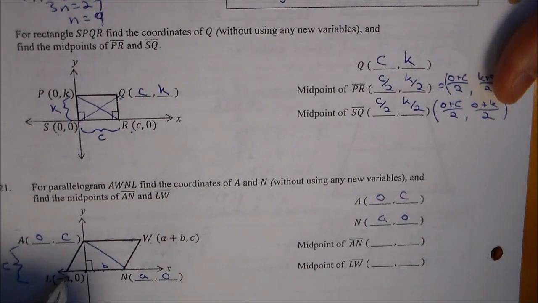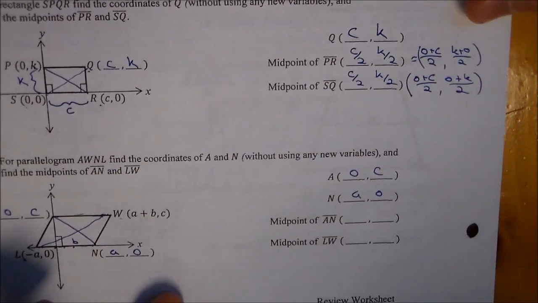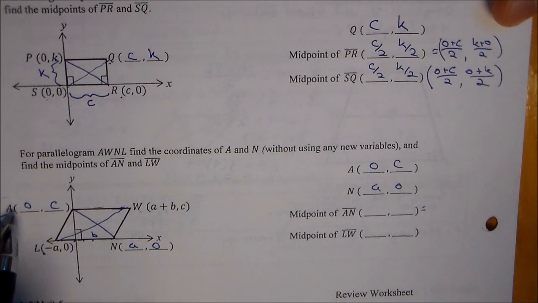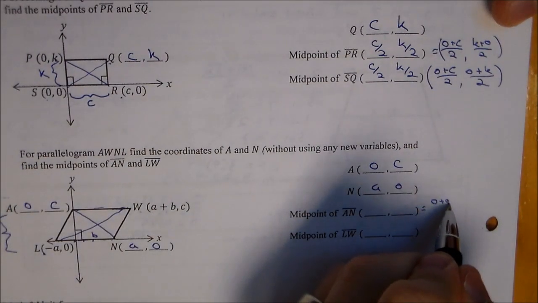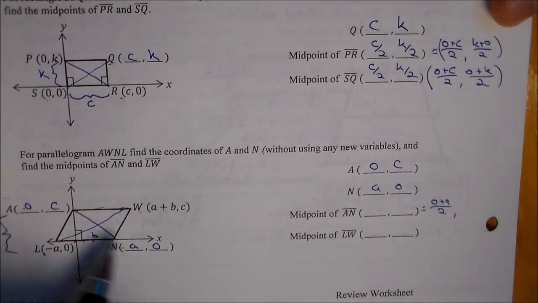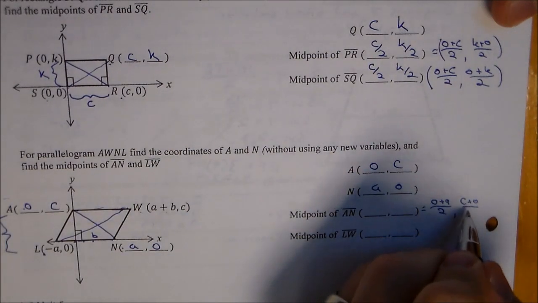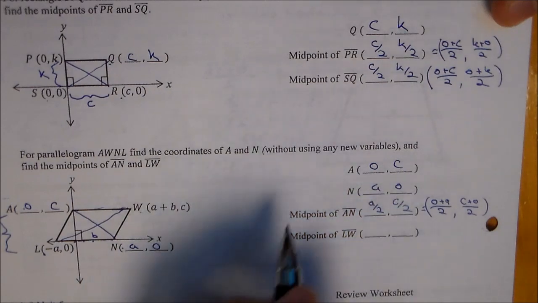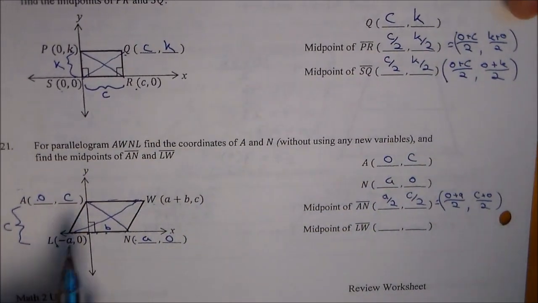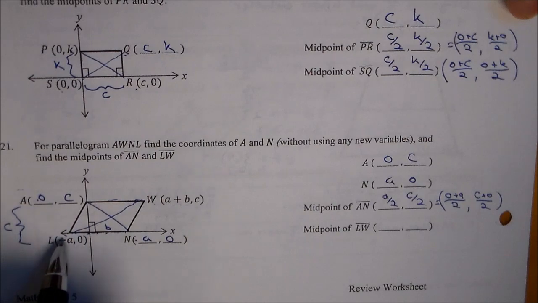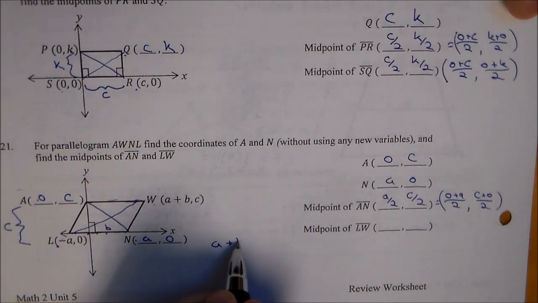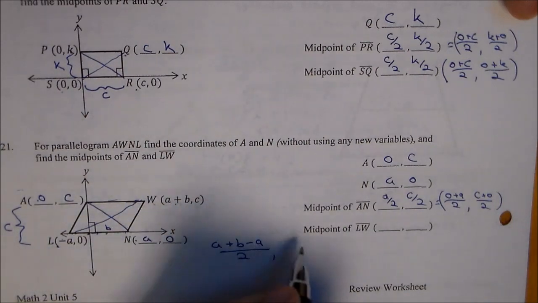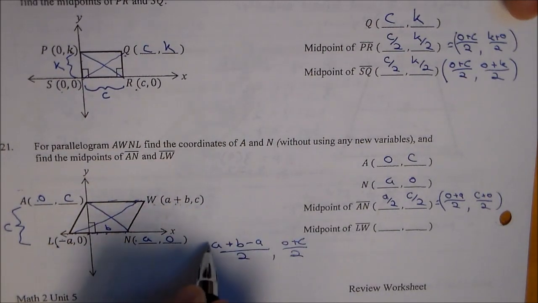Now we're going to do the midpoints using our midpoint formula. So for AN, we have 0 plus a over 2 and c plus 0 over 2. So that gives us a over 2 and c over 2 as our midpoint. For LW, we're going to do a plus b minus a over 2, because those are our x values, and 0 plus c over 2.